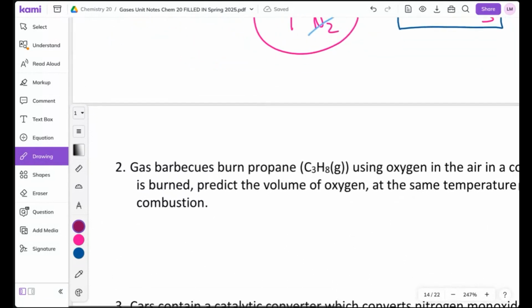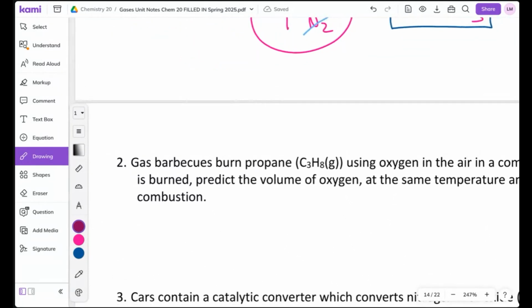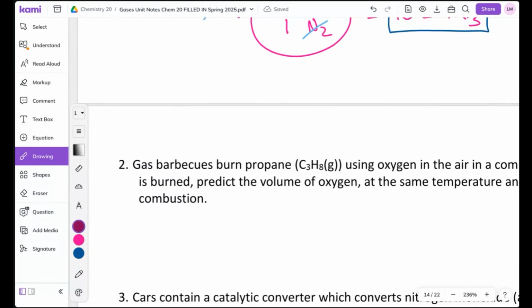Okay, so with what I said earlier about combustion reactions, you have a fuel, in this case propane, reacting with oxygen, and it always is going to give you carbon dioxide and water vapor if your fuel is a hydrocarbon. So if it's made out of carbon and hydrogen. Okay, so let's get writing that.